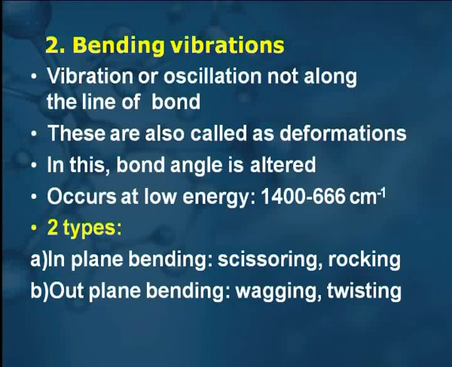These are also of two types. First is in plane bending, that is the scissoring and rocking, and second is the out of plane bending, which is wagging and twisting.